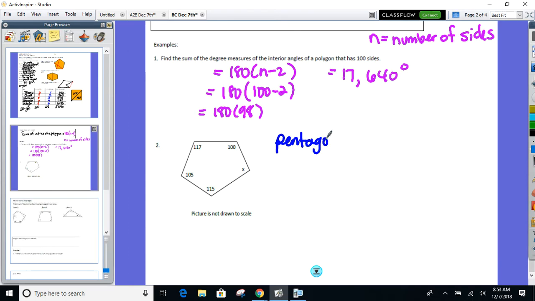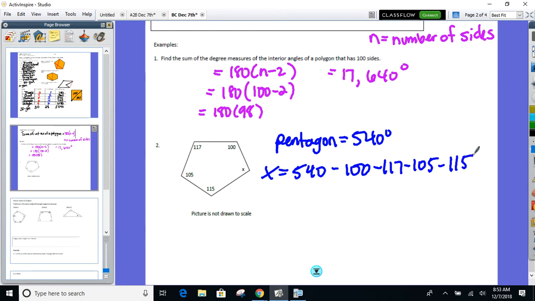What's the sum of the interior angles we already figured out for a pentagon? 540 degrees. So what do we do to find x? Yep. So I took that 540, subtracted the other 4 angles. And what'd you get back there, Kate? 103 degrees. Nice job.